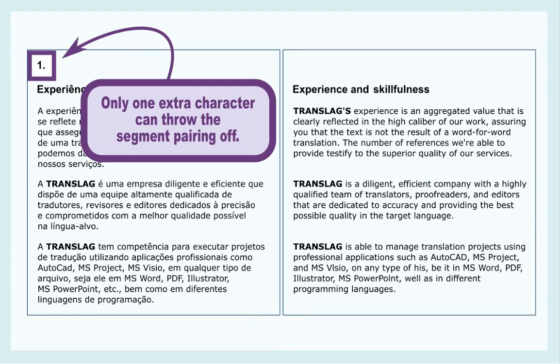You'll see that this number here is only in the original file, and that could prevent the files from being split into equal segments. So, before uploading a pair of files, make sure their content is exactly the same. The only difference between them should be the language, and nothing more. A small difference like this number 1 is enough to cause a mismatch.